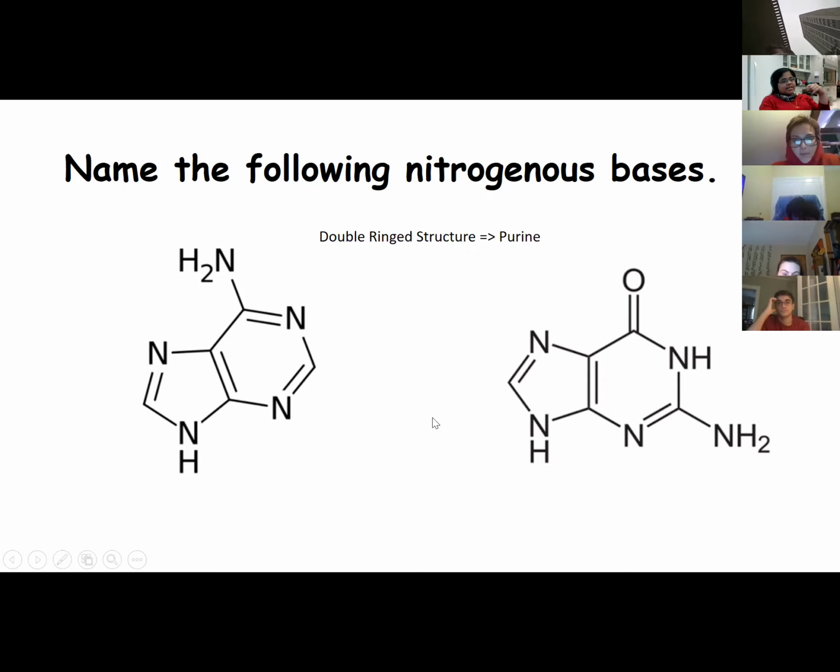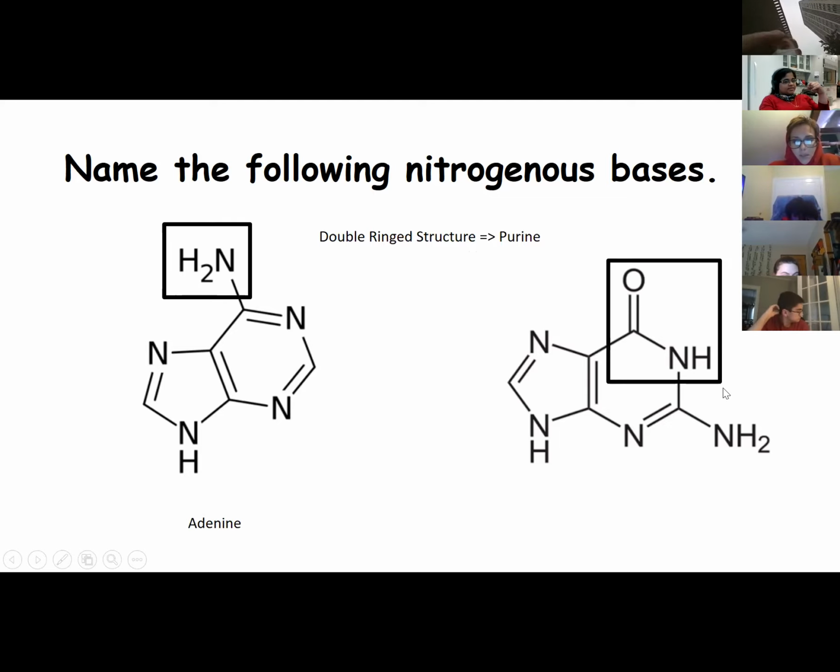And then this adenine has an amino group, which leads to adenine. Don't be fooled by this one down here, because the carboxyl group is up here. So that's what gives away guanine.